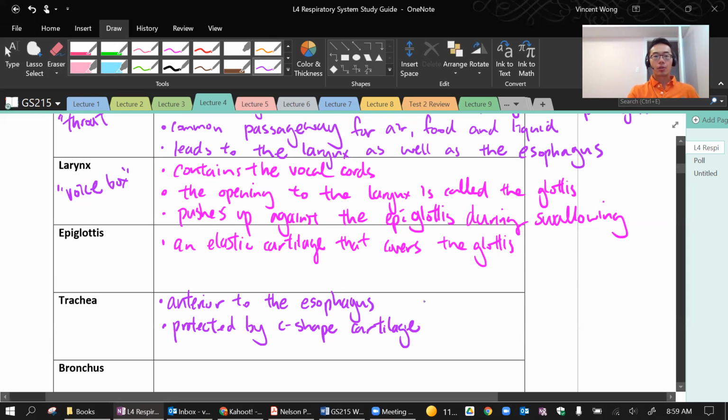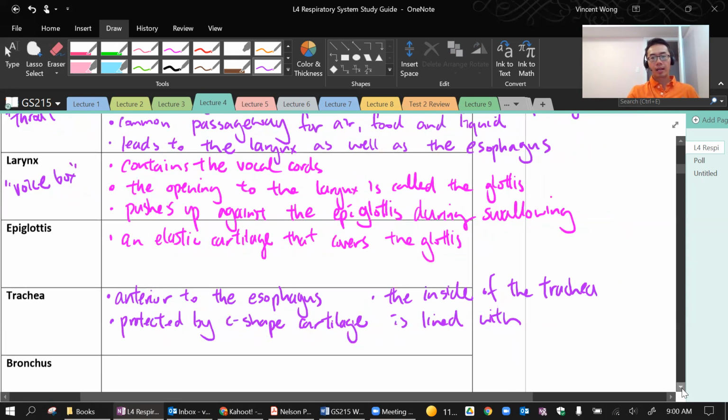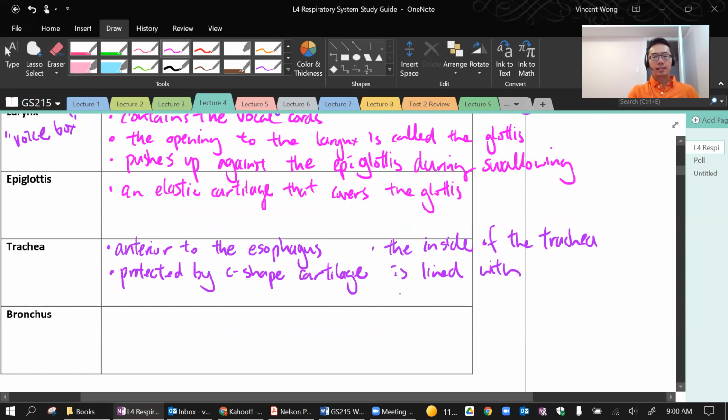On the inside of the trachea, it is lined with two types of cells. We have the ciliated pseudostratified columnar cells.